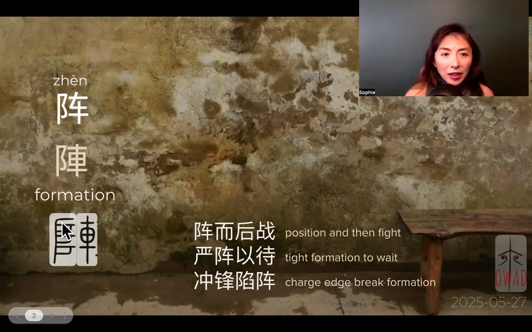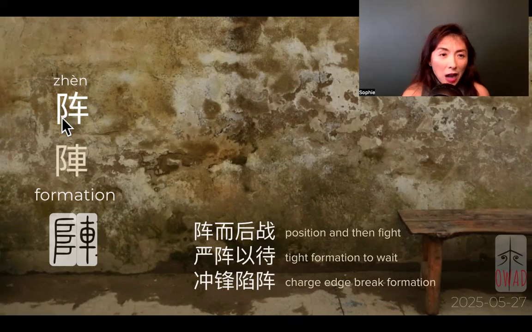The left side, which simplified into this in contemporary Chinese, we call 耳刀旁, which is ear, knife, side, or radical. It looks like an ear, which really blurred out its origin.